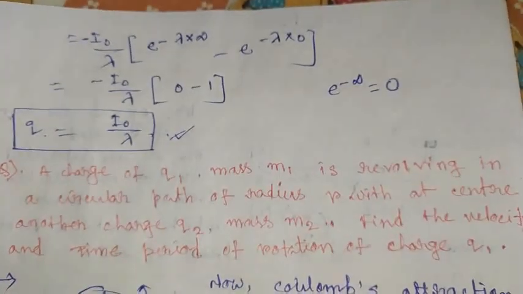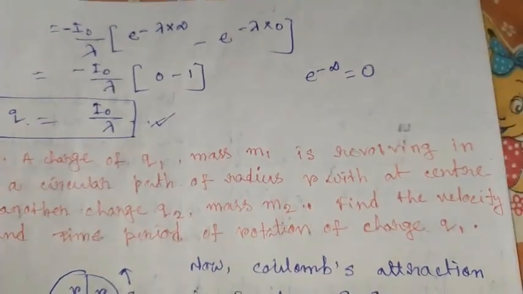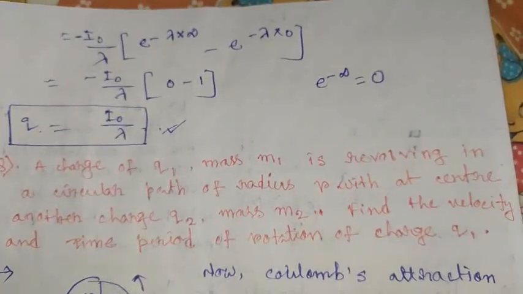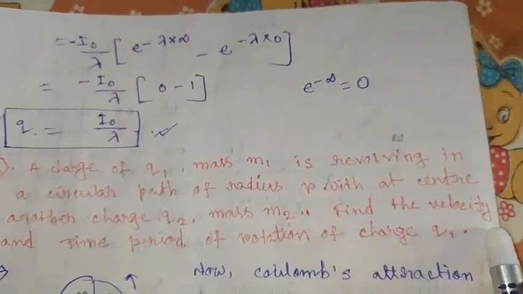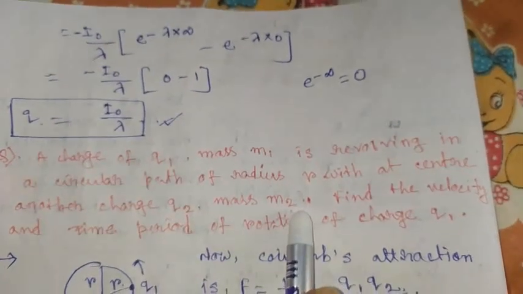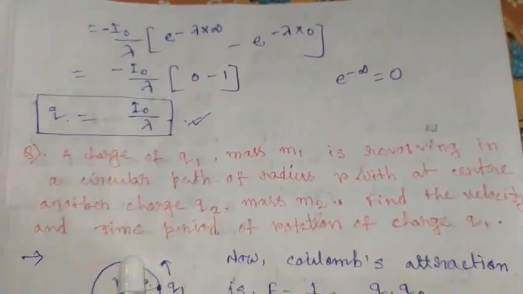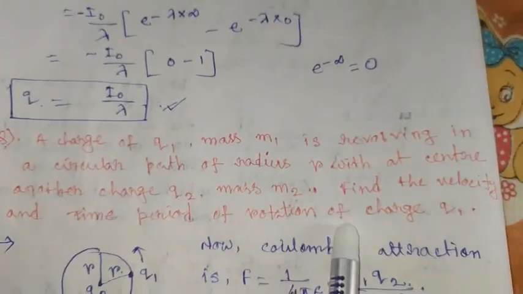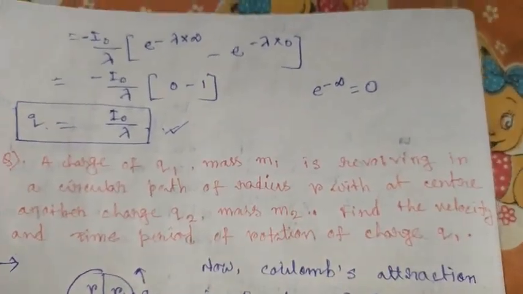A charge Q1 of mass M1 is revolving in a circular path of radius r, with another charge Q2 of mass M2 at the center. Find the velocity and the time period of rotation of charge Q1.